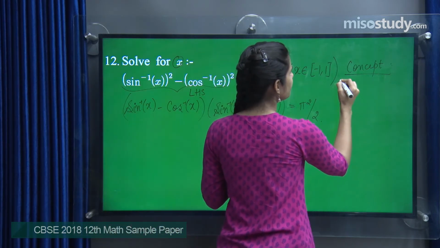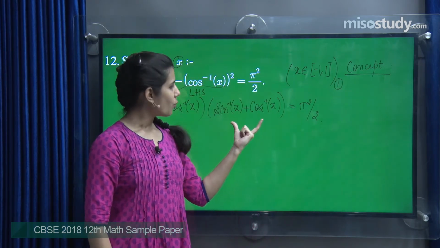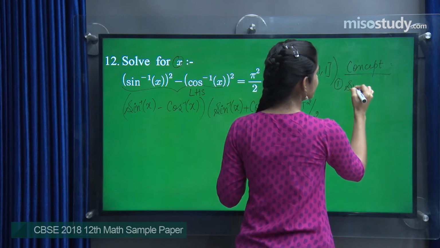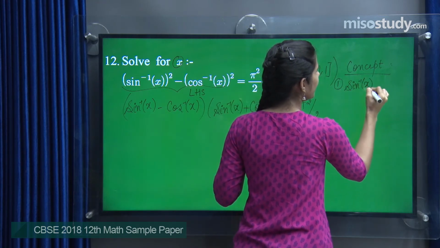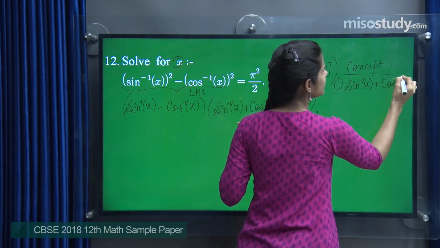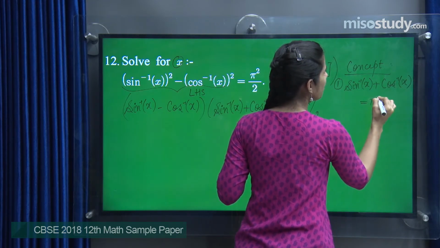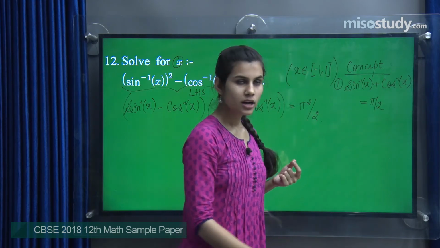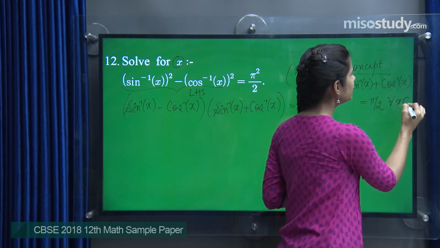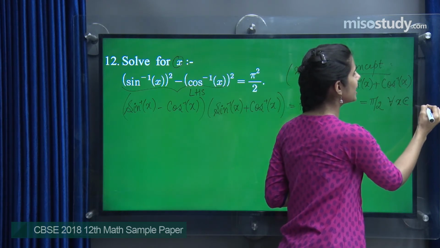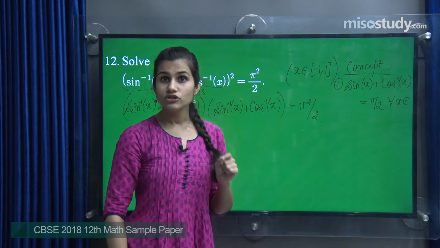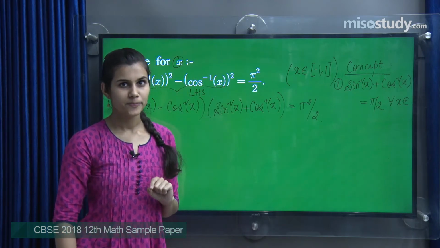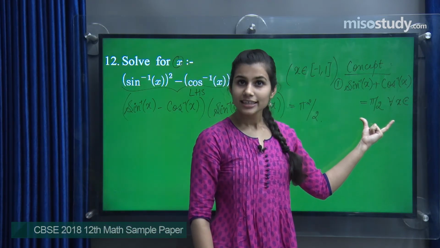Well, there is a very famous property which is sine inverse x plus cos inverse x equal to pi by 2 for every x belonging to the common domain of sine inverse and cos inverse, which is the closed interval [-1, 1]. That is what is the case.